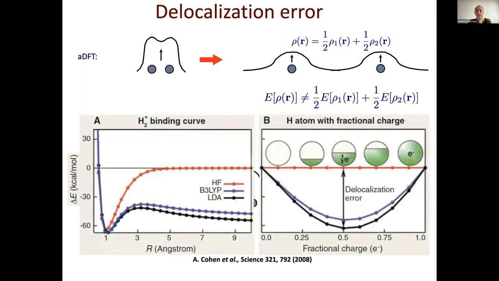And that was nicely discussed in the paper that also Professor Marzari was referring to yesterday, where you see that Hartree-Fock is exact for the delocalization error for one electron systems, basically, and DFT functionals of various kinds instead fail in this prediction.